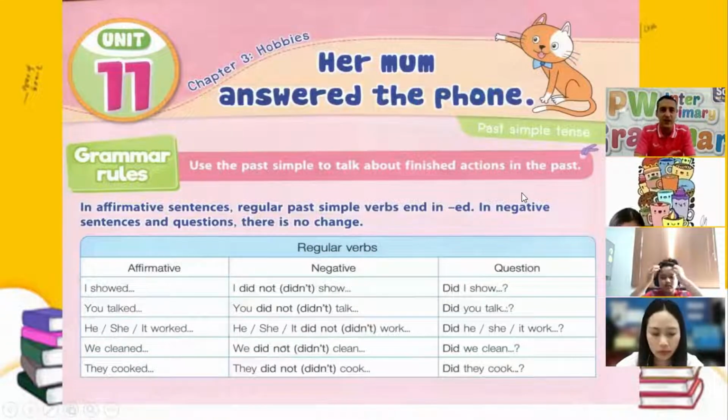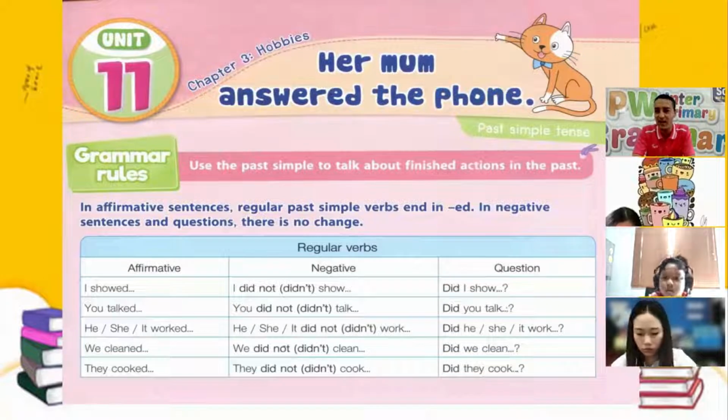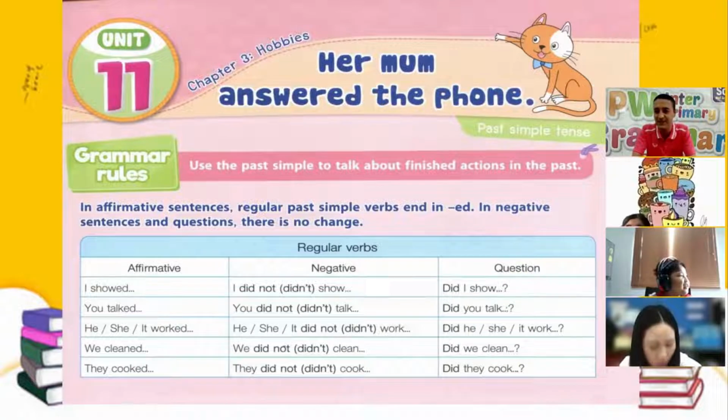Okay, so we already talked about past simple tense last week. Can anyone define what we are talking about when we use past simple tense? What are the things we're talking about?